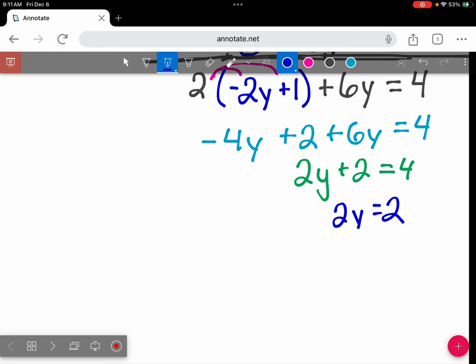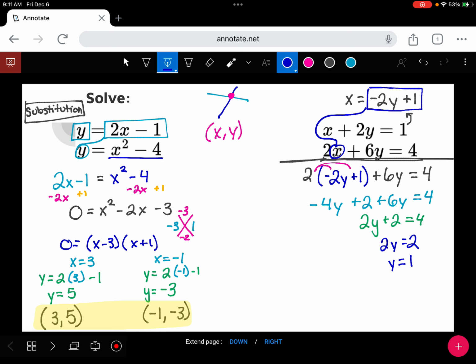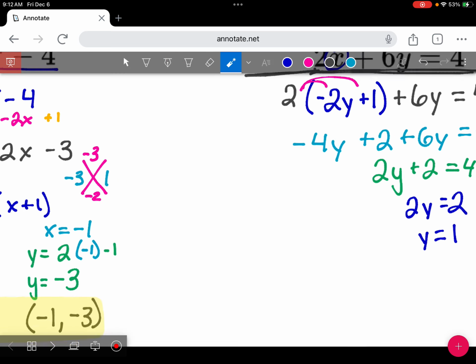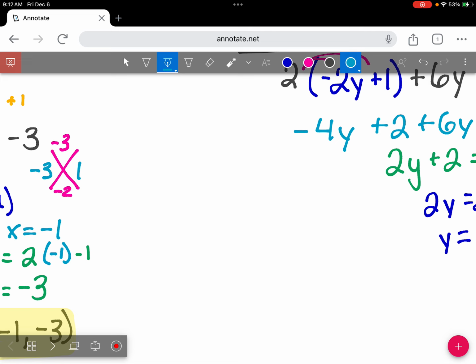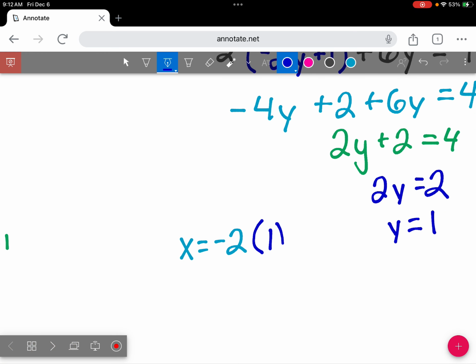So what does y equal? Y equals 1. We still need to go back and figure out what x is. But now we have a handy-dandy equation that says x equals this. We can use this to figure it out. So we know our x equals negative 2 times y plus 1, but now we know our y is 1.